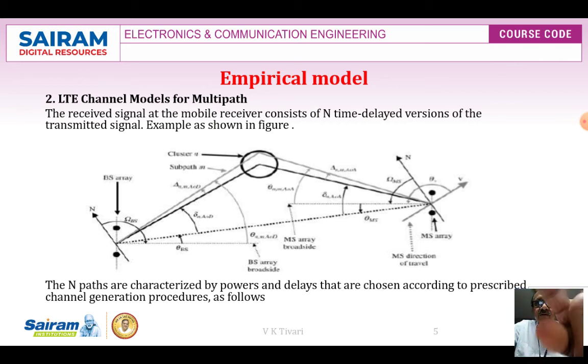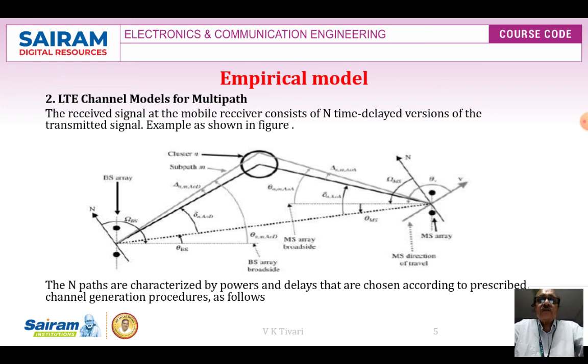It shows how the MS array broadside and the base array broadside are related, and how theta and the subpath clusters relate to the antenna arrays. Earlier we discussed antenna-to-antenna models, but this model is an environmental model, accounting for the base station and the mobile subscriber in a wireless cellular system.